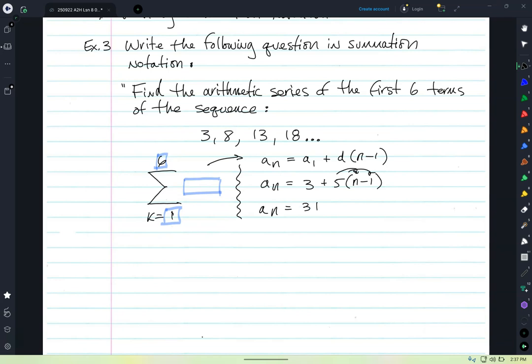So when we write it in summation notation, we have to simplify it too. Yes, in summation notation, it must be the simplified explicit formula. And I'm going to have you write it with the variable term first and the constant term last. See how I did that? And then this goes here.